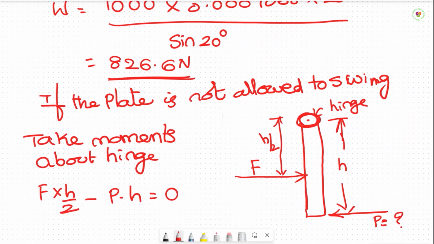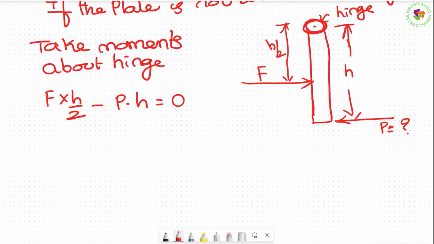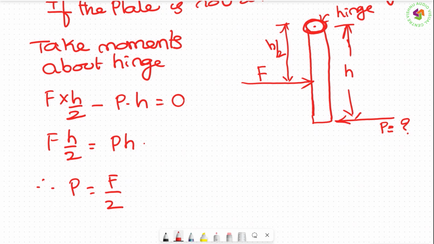If I put it like this, what will happen? F into h by 2 is equal to P into h. This is the answer. Therefore, P is equal to, it is nothing but F by 2.